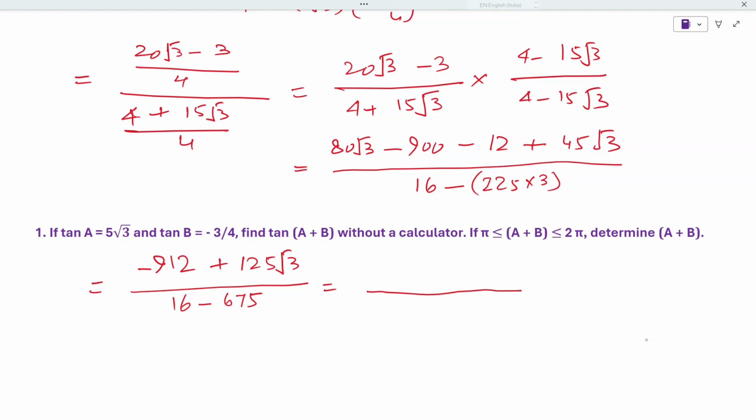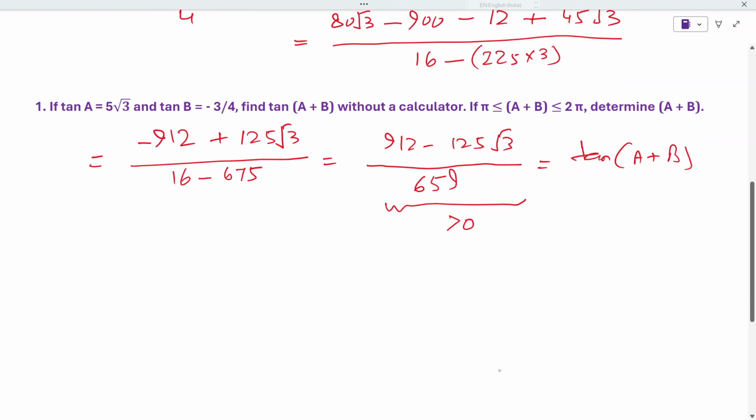This is (912 minus 125 square root of 3) upon 659, since 16 minus 675 is minus 659. Of course this is the value of tan(A + B), and this is definitely greater than 0, which means tan(A + B) is positive.